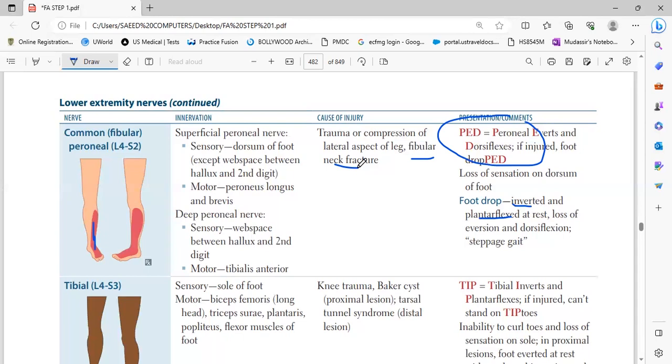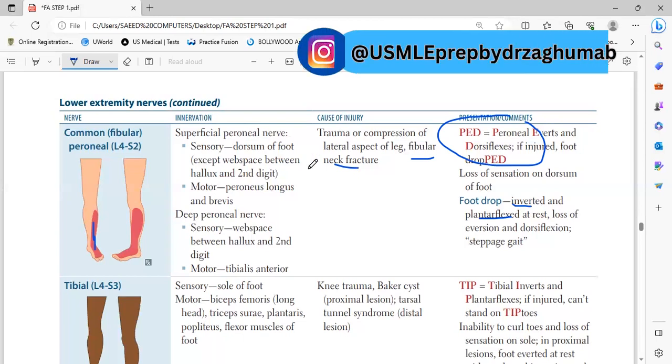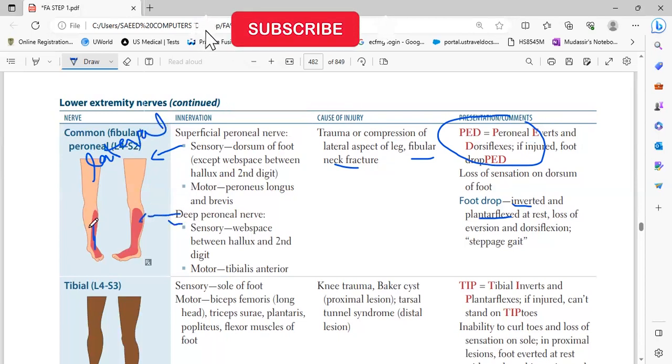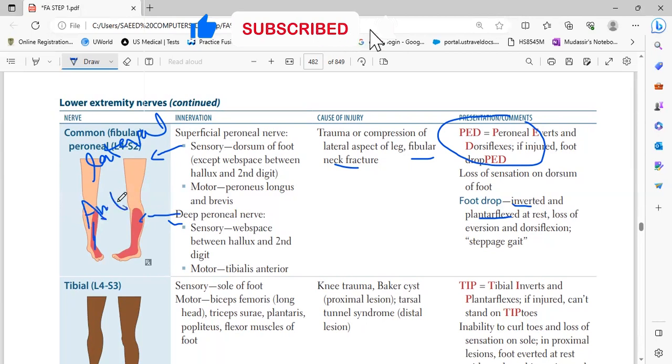Then the fibular nerve moves around the fibula at the fibular neck and comes to the anterior side, the anterior leg. There are two nerves, superficial peroneal and deep peroneal. The superficial is for the lateral leg, and the deep peroneal nerve is for the anterior leg.